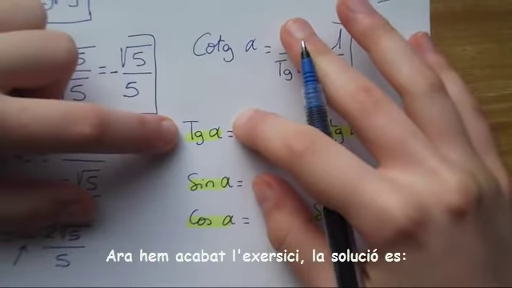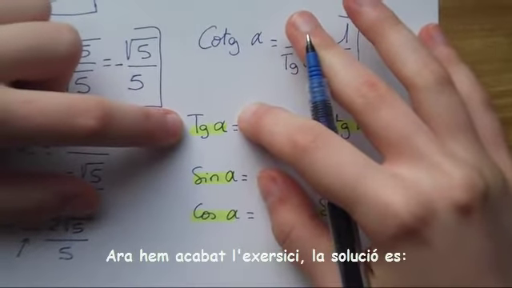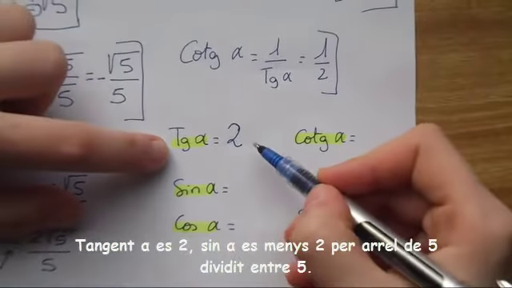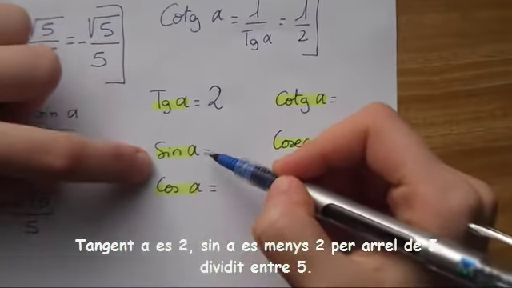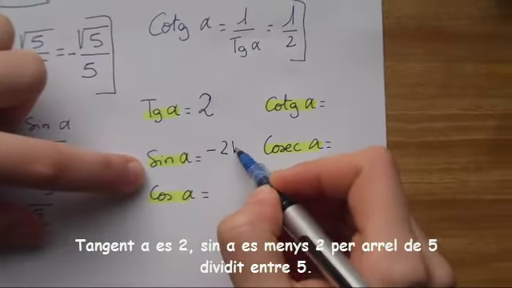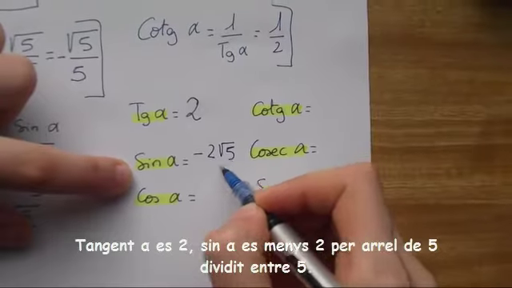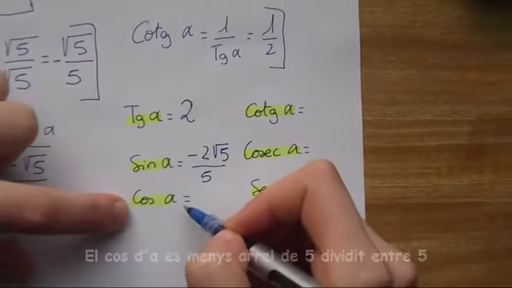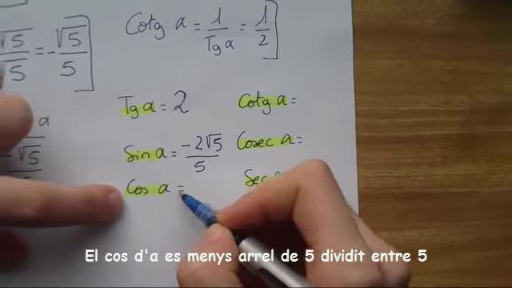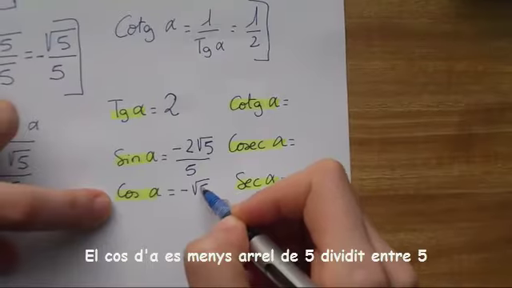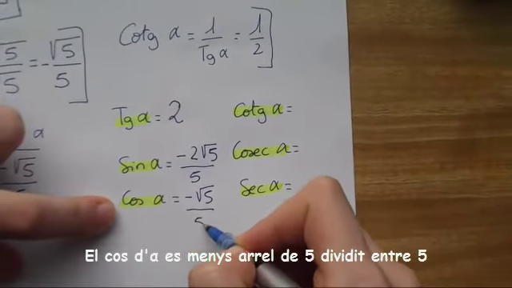Now we have done the exercise, and the solution is: tangent of alpha 2, sine alpha minus 2 root of 5 divided by 5. Cosine of alpha is minus root of 5 divided by 5.